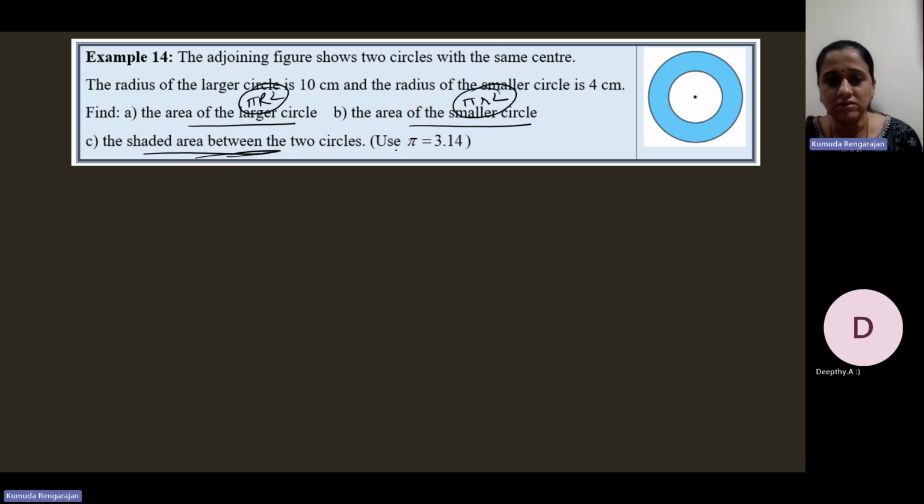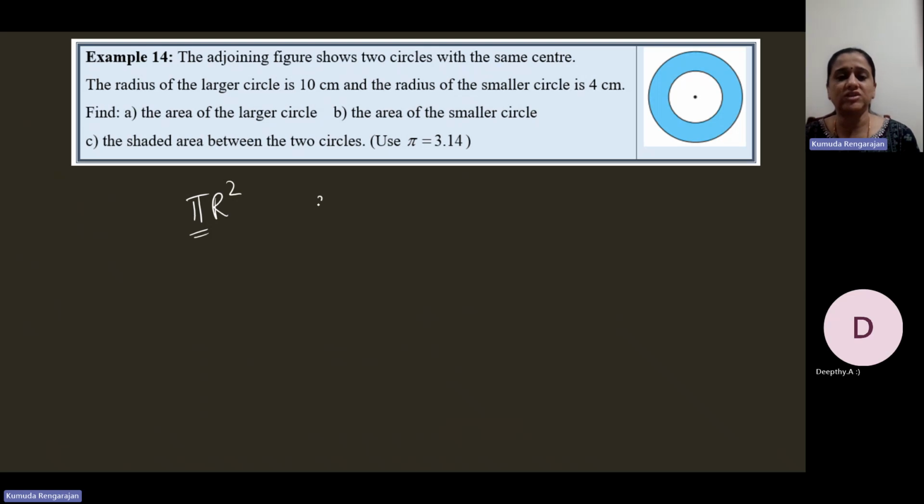And it's given here that you should use the value of pi as 3.14. So don't use 22 by 7. When you use the formula pi r squared, take the value of pi as 3.14 and not 22 by 7.